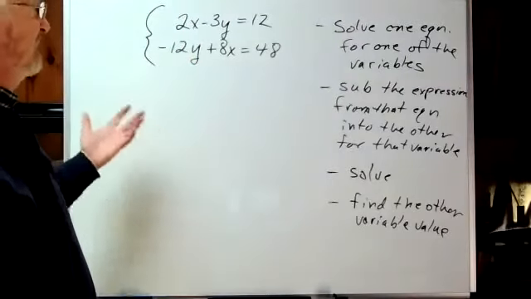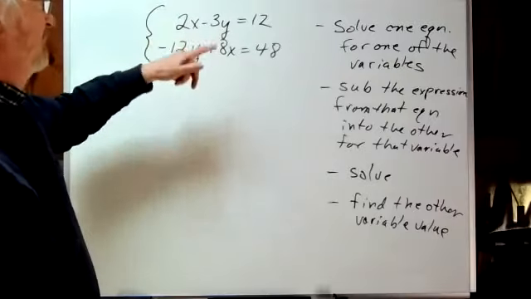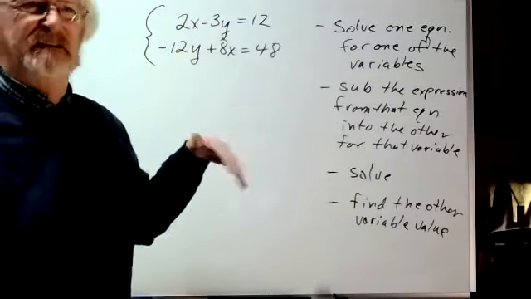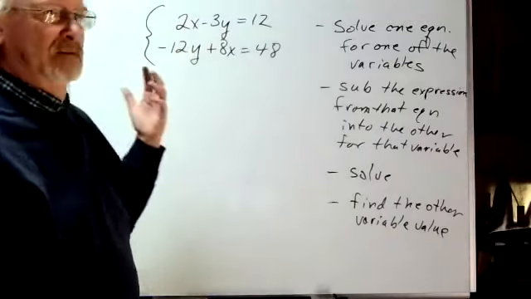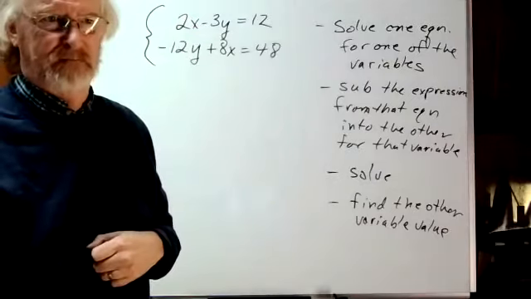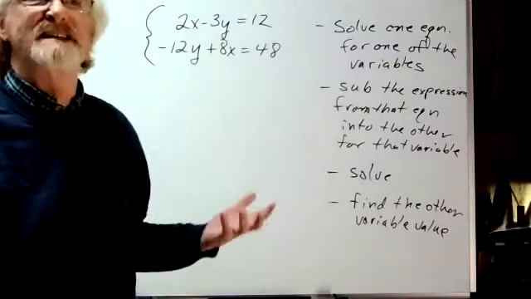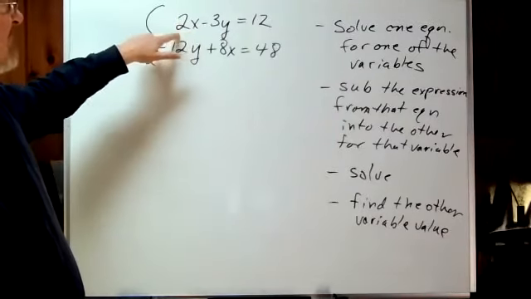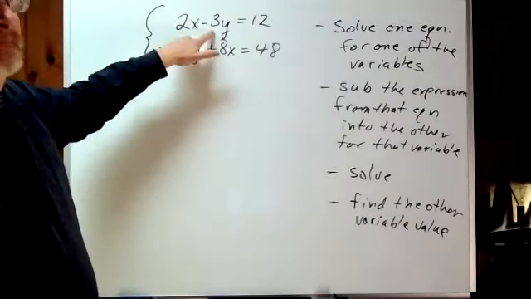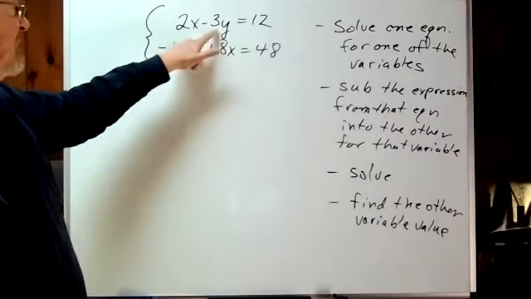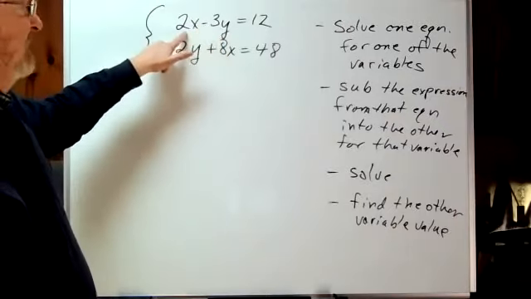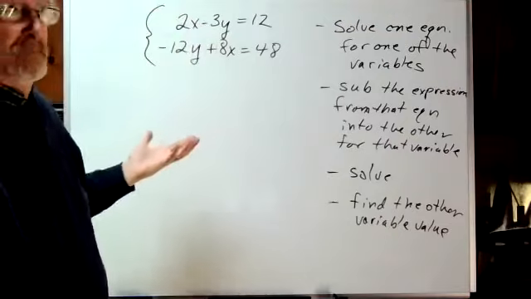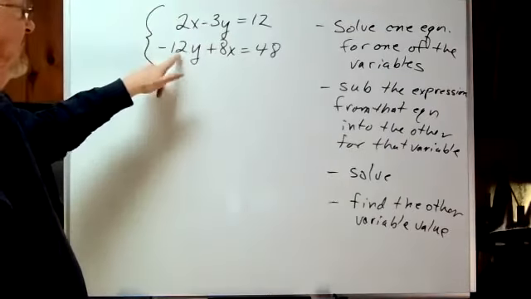So then I kind of have to say, well, which one would be easiest to solve for one of the variables? Maybe leave a least messy number. Well, if I solve for the x, I'm going to eventually divide by 2. I am going to get a fraction. Or here, if I solve for the y, I divide by the 3, and I'm going to get a fraction in here somewhere. And similarly here.